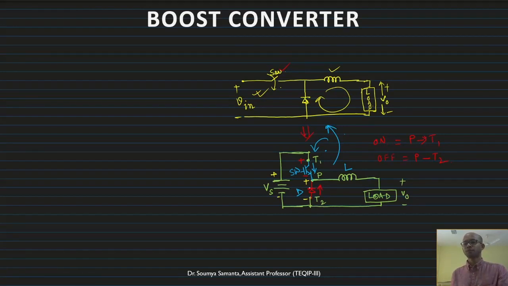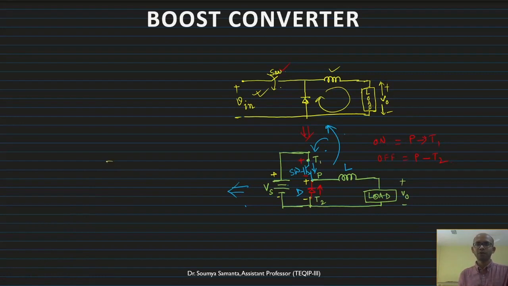Now in this case, if we interchange the position of the load and source, and interchange the position of the diode and switch, we will get the boost converter. Let us see the same.